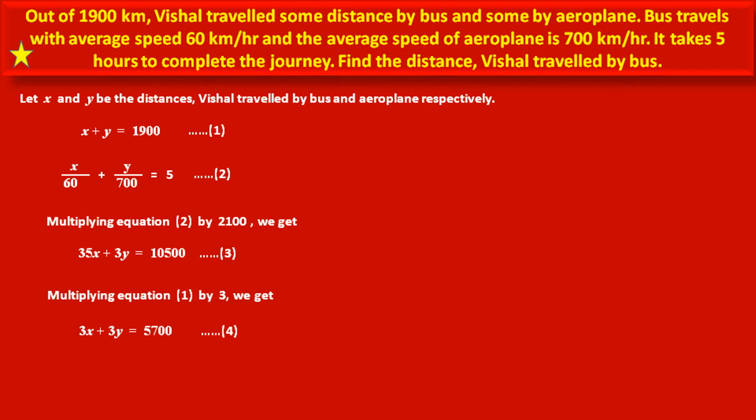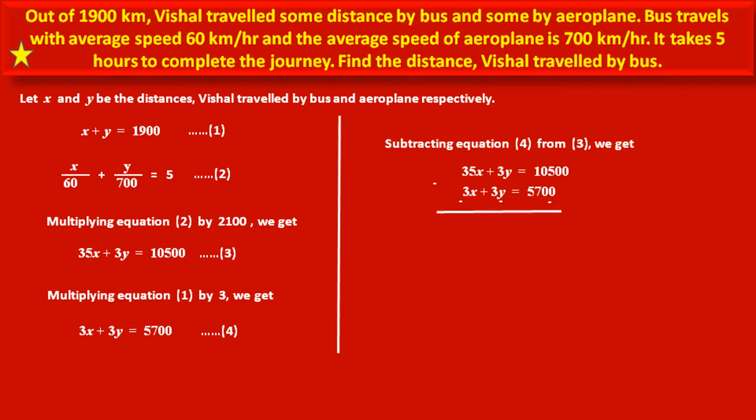Now we have two equations, 3 and 4, instead of 1 and 2. We have to solve these two equations simultaneously. Coefficients of y are equal in both with the same sign, so by subtraction we can solve them. So subtracting equation 4 from 3, we first write equation 3, 35x plus 3y is equal to 10,500.